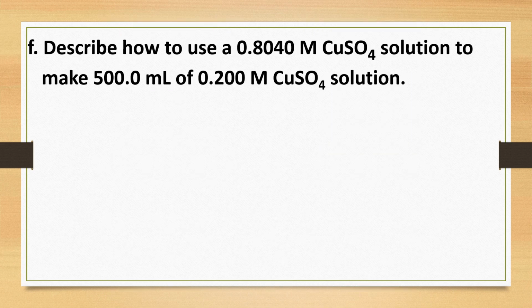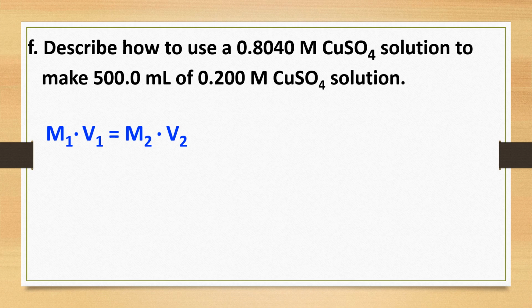Now looking at the same question, instead of trying to remember which piece of the given I want to start with, you don't have to do that anymore. All you have to do is first write down, okay, I am doing a dilution calculation, so I'm going to write out my formula as M1V1 equals M2V2. Now I'm going to identify everything. You can do either one to be M1 and V1, but you just have to keep it consistent.